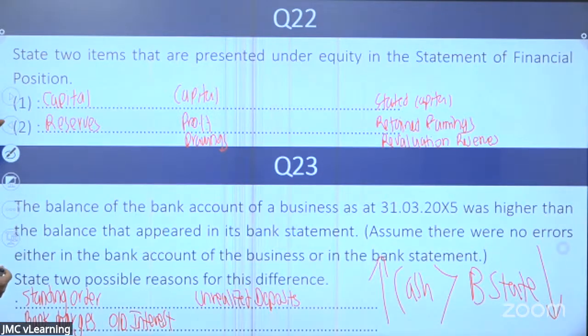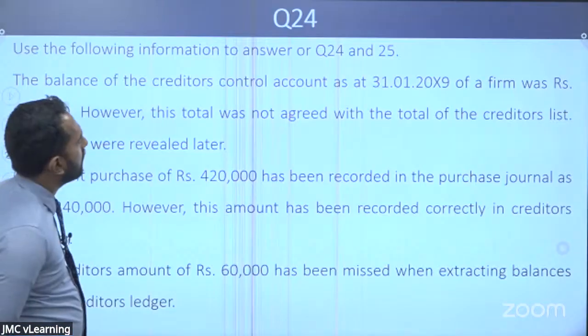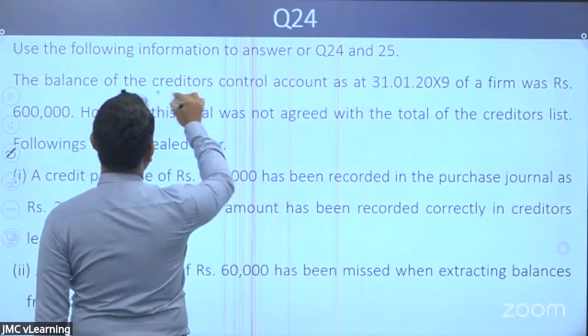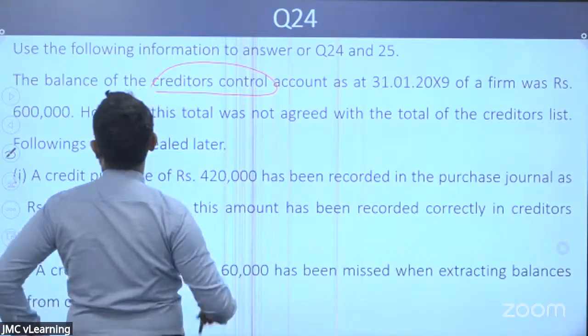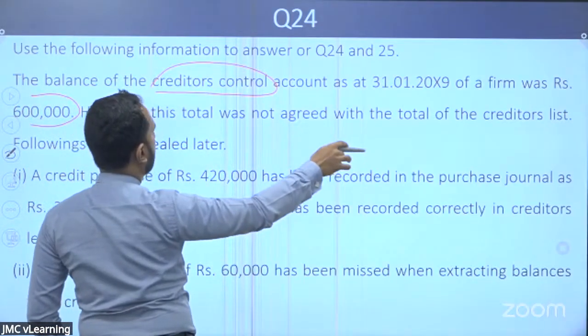Right. We'll come to the next question. Use the following information to answer question number 24 and 25. The balance of the creditor's control account of a firm was 600. However, the total was not agreed to the creditor's list.